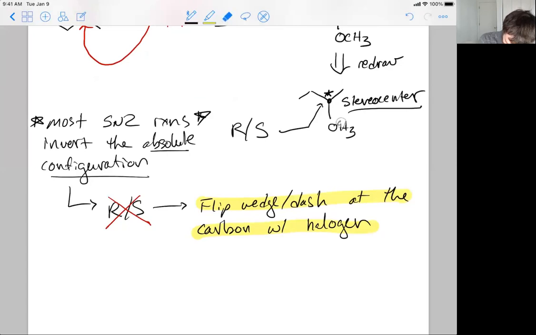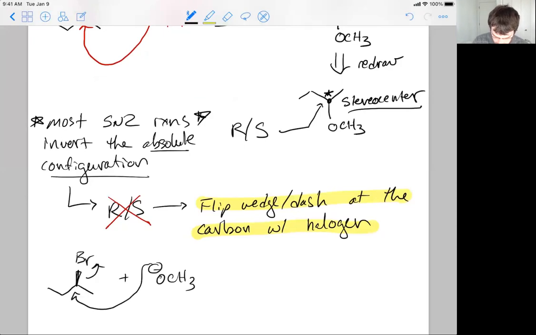I'm just going to put OCH3 here. What I'm going to do is redraw the reaction up above so that we can see this. Now what I'm saying is OCH3 adds to the carbon with the bromine and pushes it off. And then the outcome of the reaction is not this, because this has the same wedge and dash configuration.